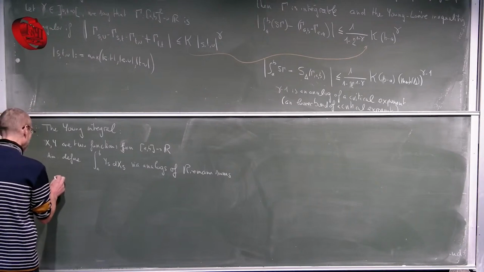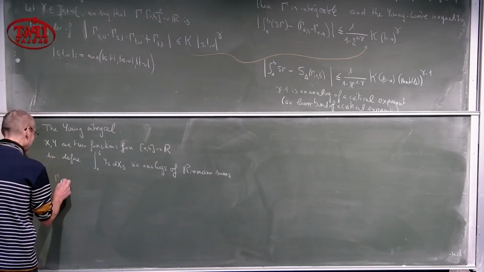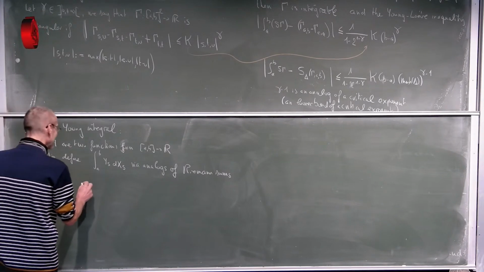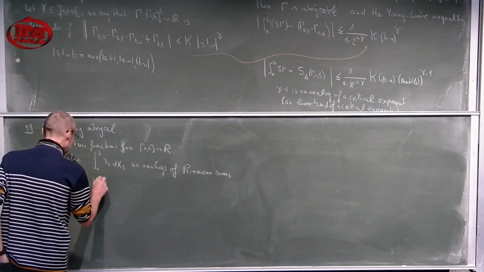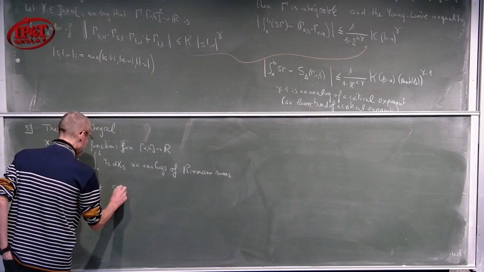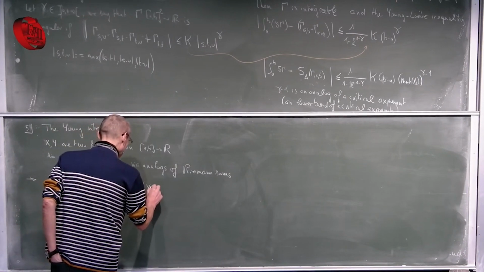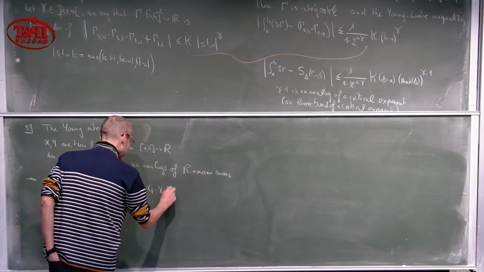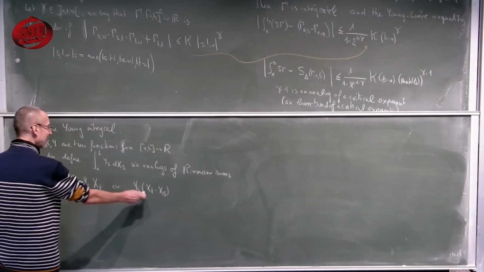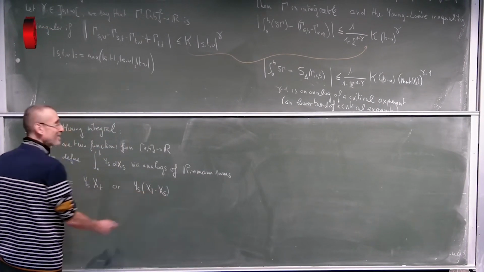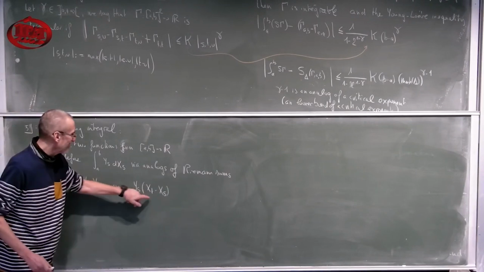So now I claim that we consider gamma_st to be y_s times x_t, or equivalently y_s times (x_t minus x_s). You see, this is just a way to reduce. I'm subtracting something that depends only on s, and this is the one which we are familiar with.